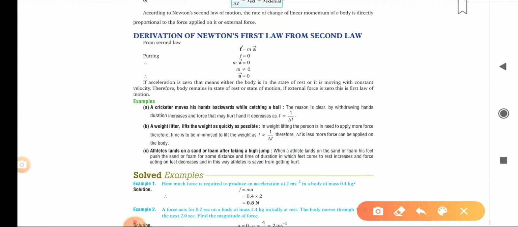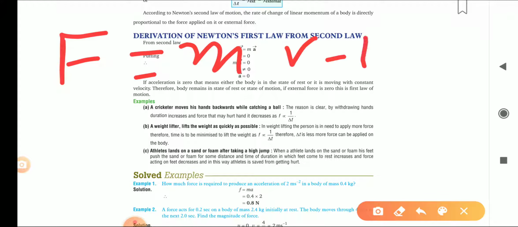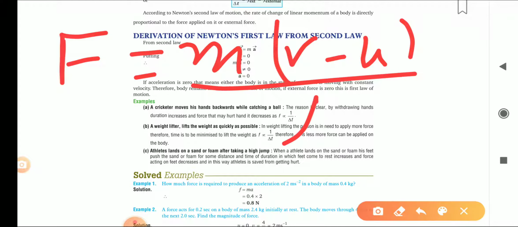According to this equation, F equals m(v minus u) upon t, if you increase this denominator, this whole quantity will become less, that is, force will become less. And that force is only what creates hurt to our hand. So that's why we increase the time while we take the hand backside. That's why a cricketer moves his hand backwards while catching a ball.